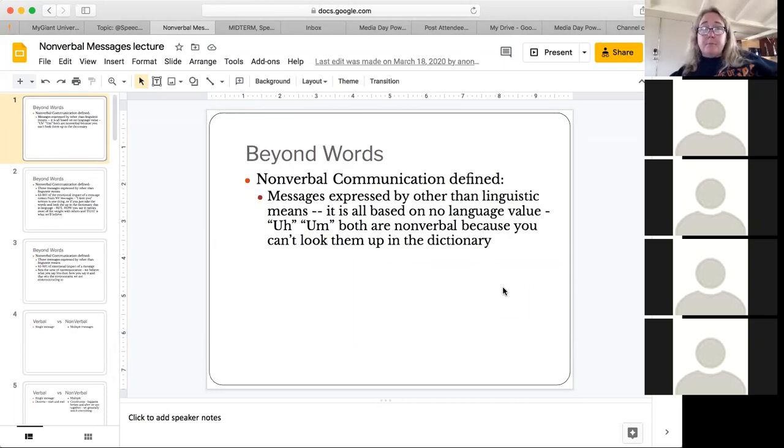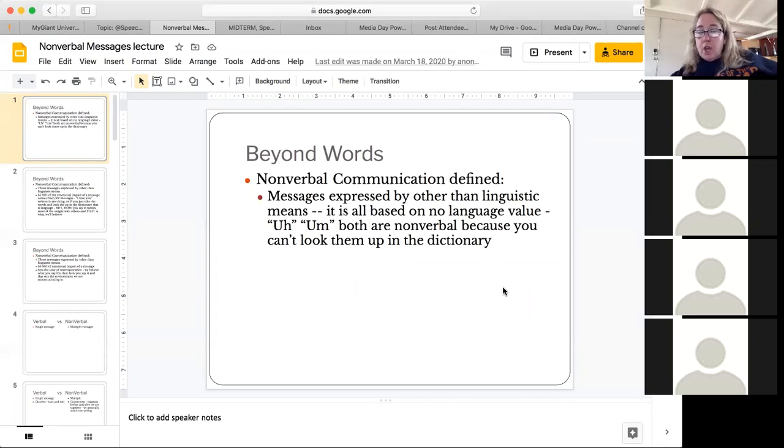But now, as we're moving into increasing or decreasing touch, I want you to play the role of watching what happens if you increase your touch physically with other people, or if you decrease your touch physically with other people. What happens for yourself? How do you feel? And what do you notice from the people around you?